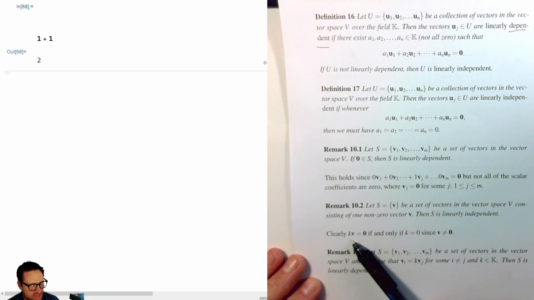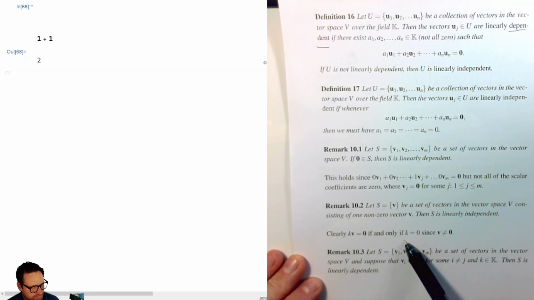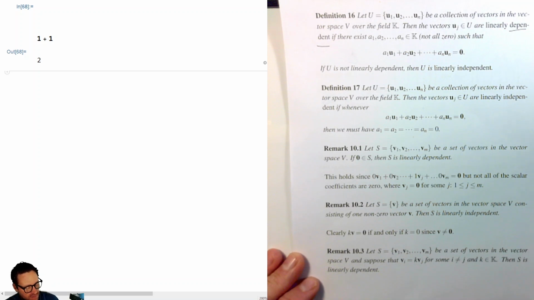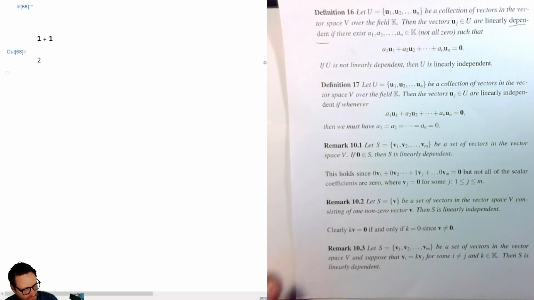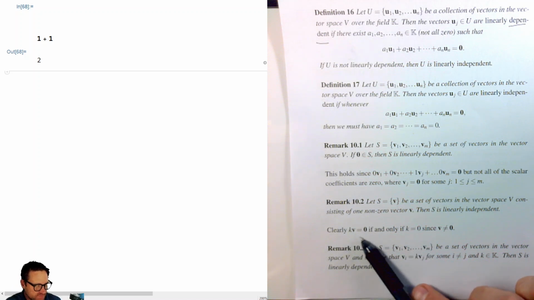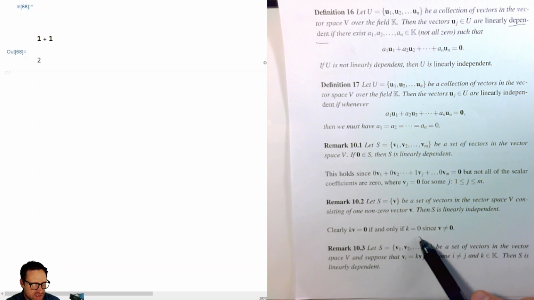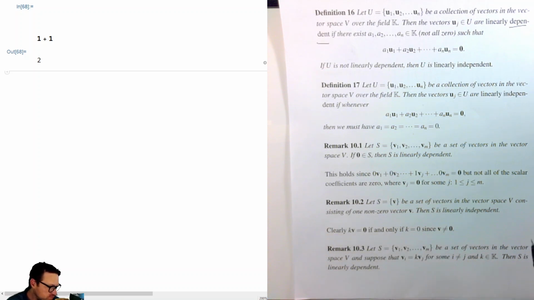Clearly, if the scalar k times v is the zero vector, then k is 0 since v is not the zero vector. And conversely, the other way holds. In other words, kv is the zero vector if and only if k is equal to 0.